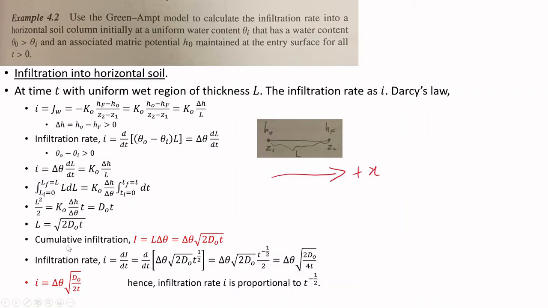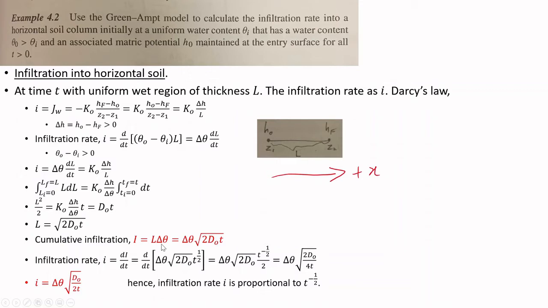If you want to find the cumulative infiltration, that will be I. In this case, it is clear that I has a unit of meter, because the change of water content is meter cubed per meter cubed, and L has a unit of meter because it is a length. So I obviously has a unit of meter.